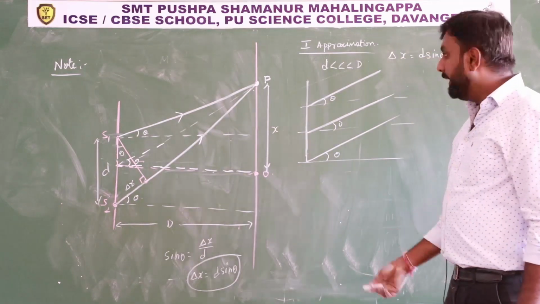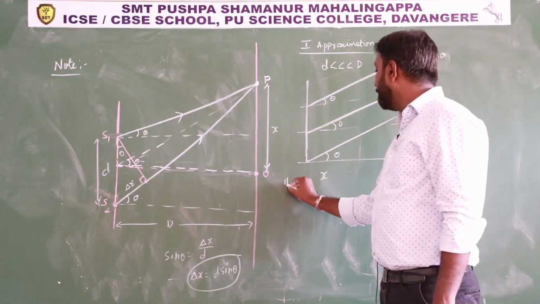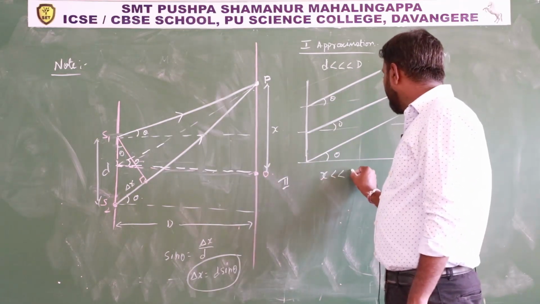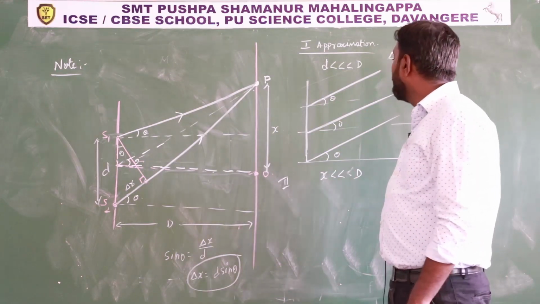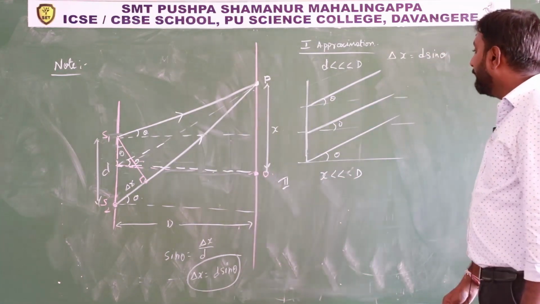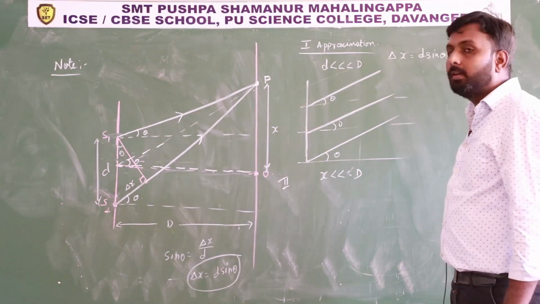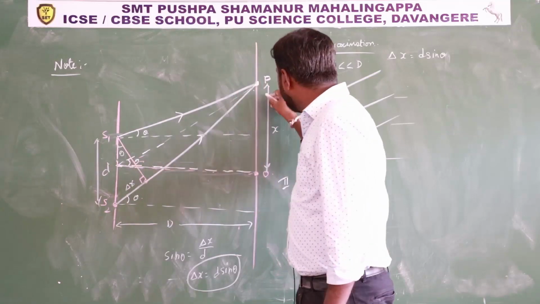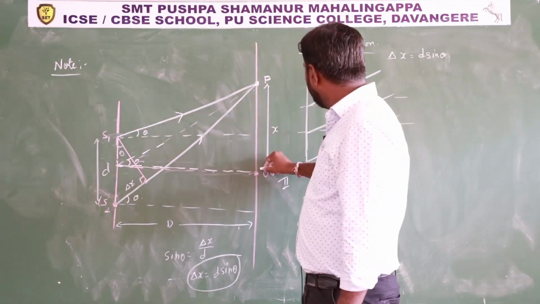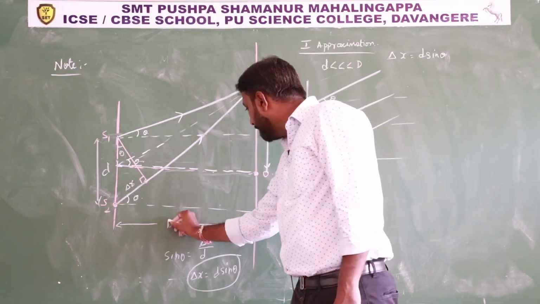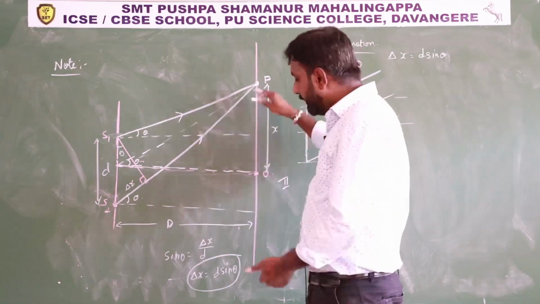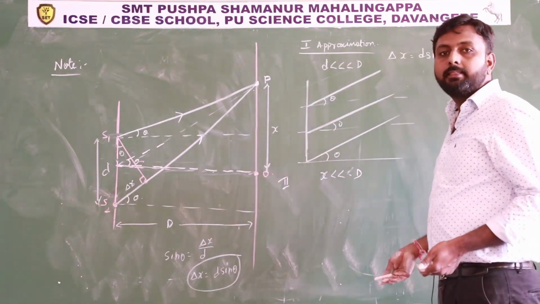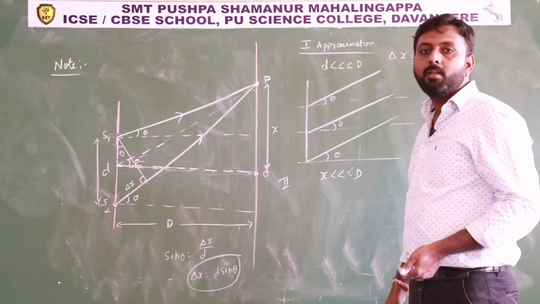And next, the second approximation: x is very much lesser than capital D. In this case, theta becomes very small. See the diagram here again. If x, this distance, is small compared to capital D, that means the arc is decreasing and this length is increasing, then definitely theta becomes small.